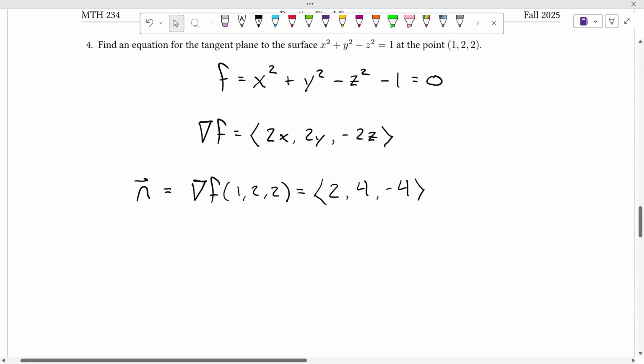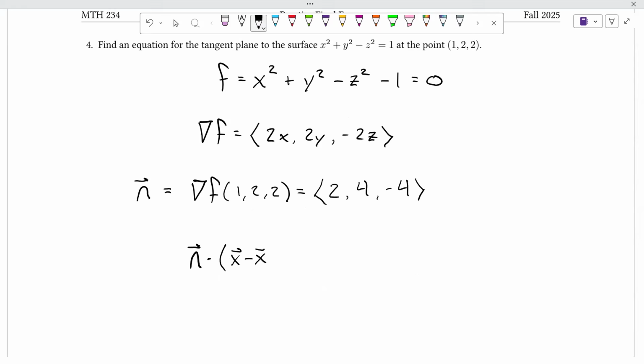So all we have to do now is put that normal vector into the equation of a plane, which looks kind of like this. Normal vector dotted with x minus x naught equals 0. Just another equation for a plane. That thing expands out to the usual plane equation.